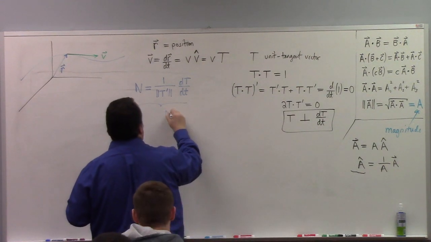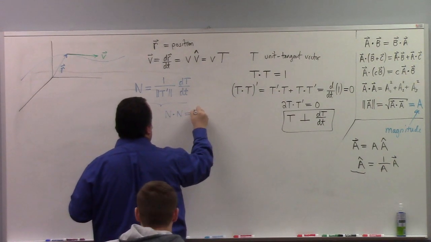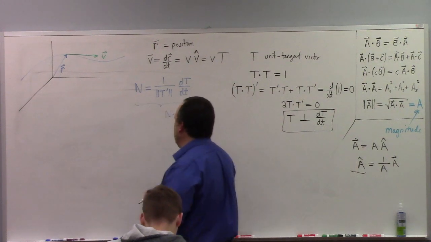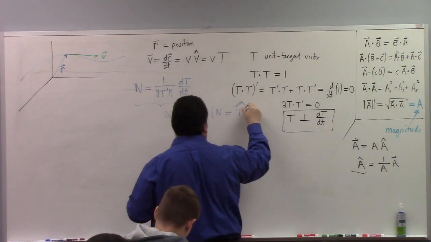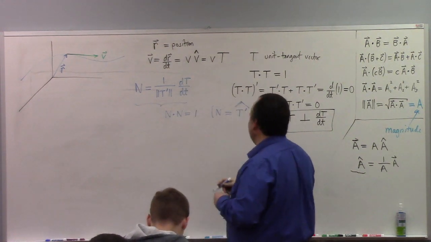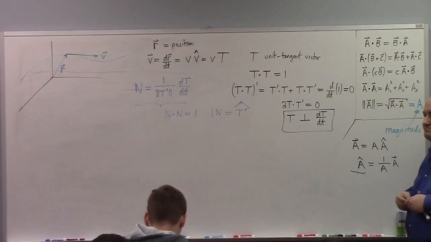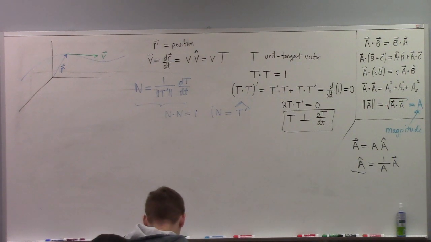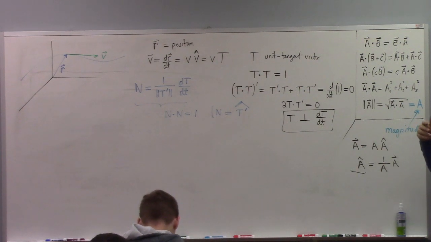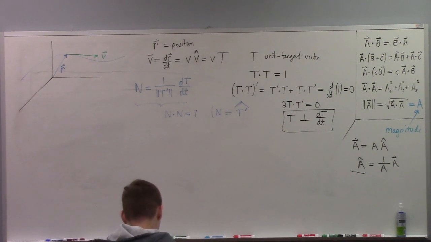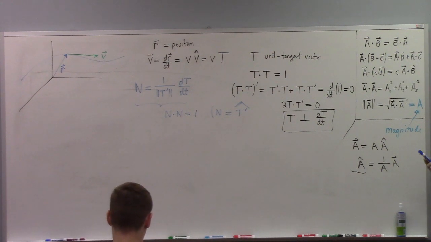Manifestly N dot N is equal to 1, because really N is T prime hat. It's the unit vector of T prime. For this to be non-zero, that's why the path has to be nonlinear. It turns out if the path is linear, this might not be defined. I think it ends up being 0, so you can't find the unit vector of the 0 vector.